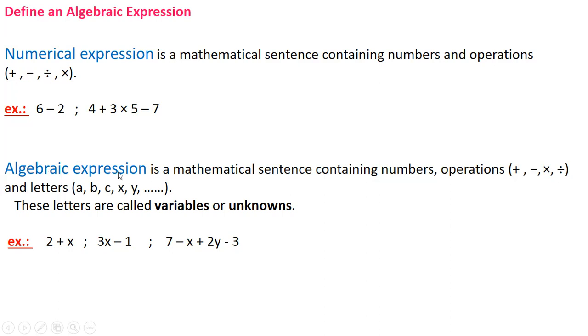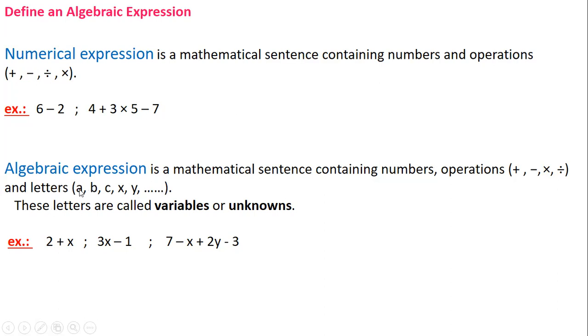What are algebraic expressions? An algebraic expression is a mathematical sentence containing numbers and operations. So it is similar to the numerical expression because it has numbers and operations, plus, minus, times, and divided by. In addition to the numerical expression, it also has letters. So in an algebraic expression, we find numbers, operations, and letters: A, B, C, X, Y, etc. So you can use any letter you like.